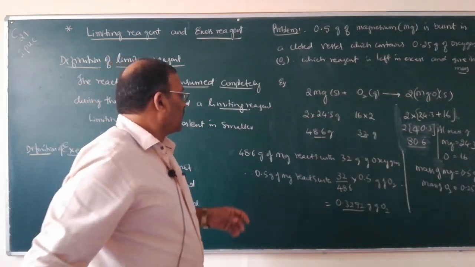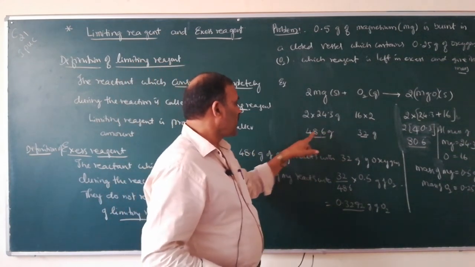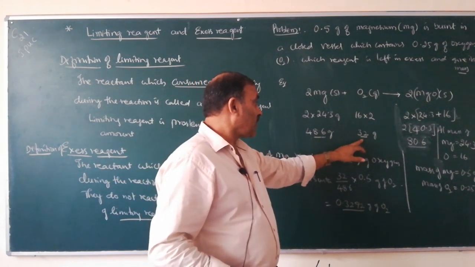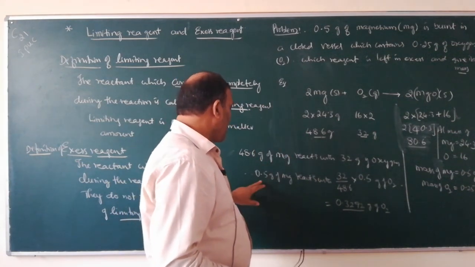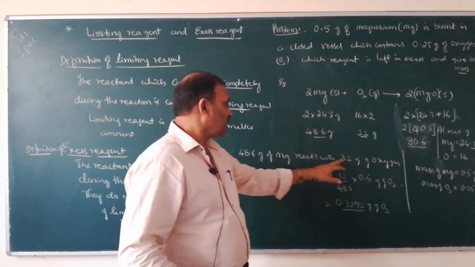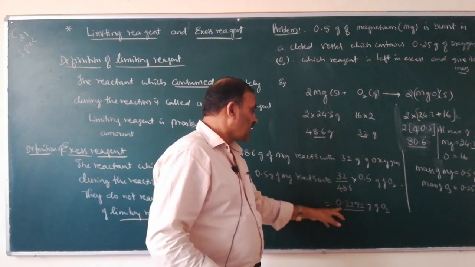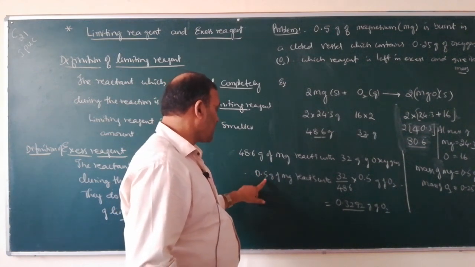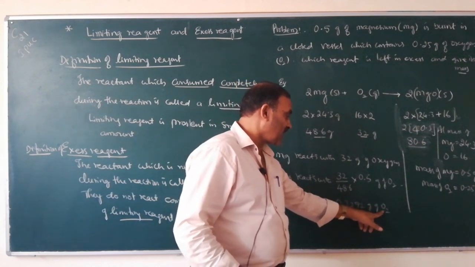According to this balanced chemical equation, 48.6 gram of magnesium requires 32 gram of oxygen for its complete reaction, but we have only 0.5 gram of magnesium. So 0.5 gram of magnesium reacts with 0.3292 gram of oxygen.